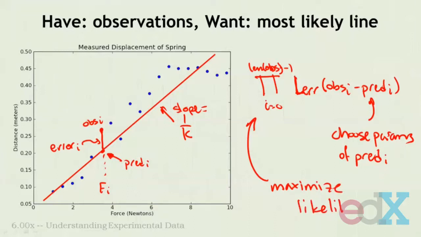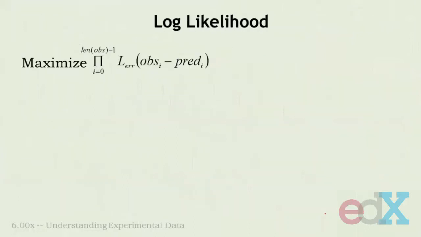So I want to maximize this product of the likelihoods of the errors. That will actually be the same as minimizing 1 over the product. So if we want to minimize 1 over the product of the likelihood of the error, let's work on that a little bit.